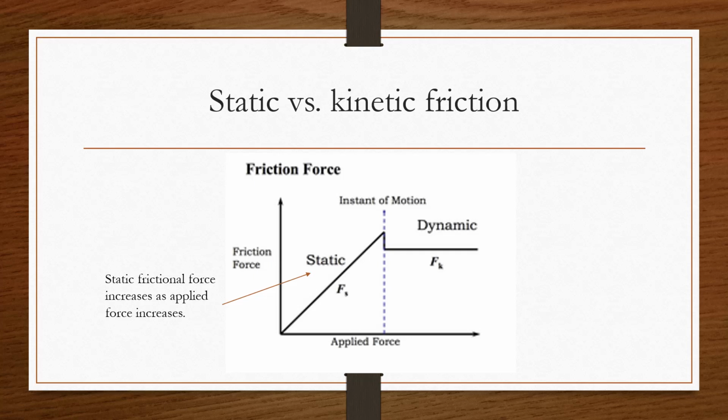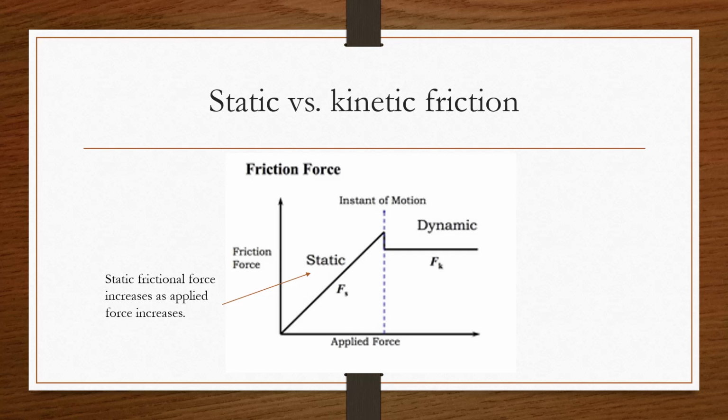So a few things to point out about this graph. On the left-hand side of this line, we have static friction. What this means is that this is before the object starts to move. So as I increase the applied force, at some point the object is going to start sliding across the surface. And what happens is the static frictional force increases as the applied force increases. We can actually say one more thing about this.